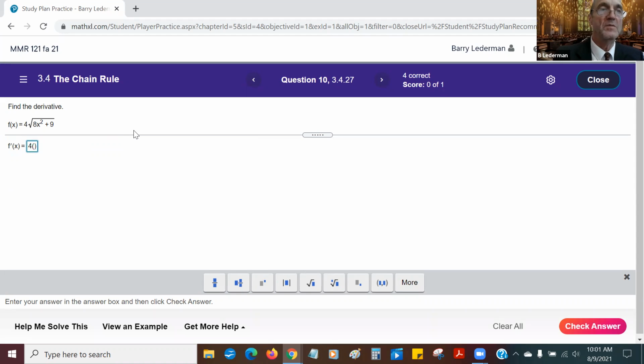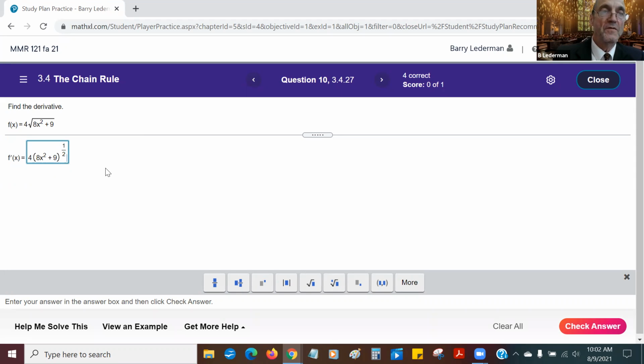This is going to be 4 times the square root of 8x squared plus 9. So really, I could write a square root as 8x squared plus 9 to the 1/2 power.